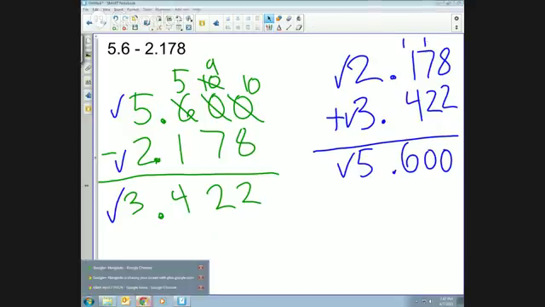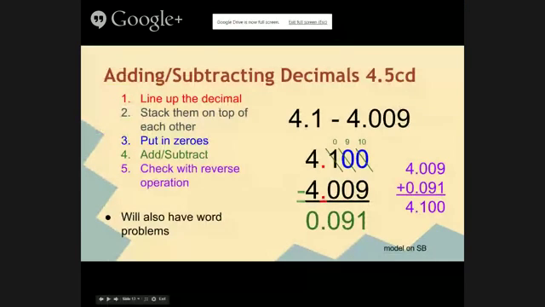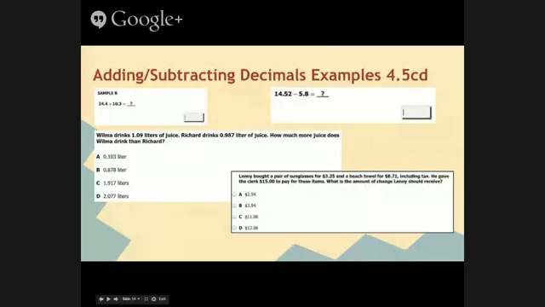All right, so a couple of different examples of how they're going to see adding and subtracting fractions or decimals. These top 2 are just raw problems. That one's, I believe, an addition problem. That one's a subtraction problem. That one has equal place values, so it's not going to trip them up too much.